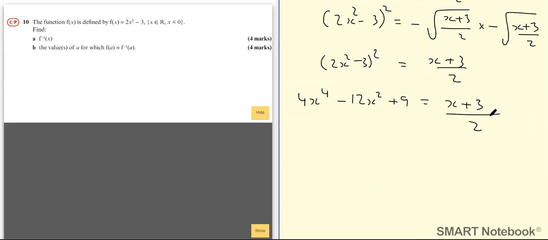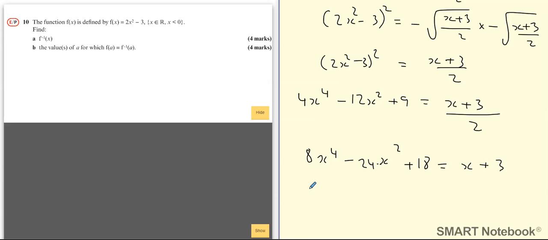Well, I'm going to get rid of the 2 by multiplying across to the left-hand side. 8x to the power of 4 minus 12x, not 12 anymore, is it? 24x squared plus 18 equals x plus 3.